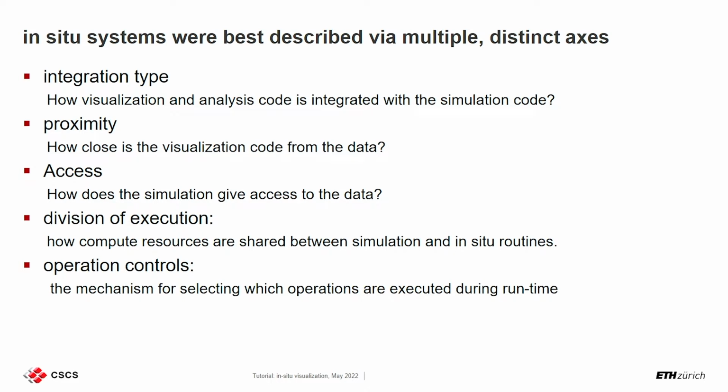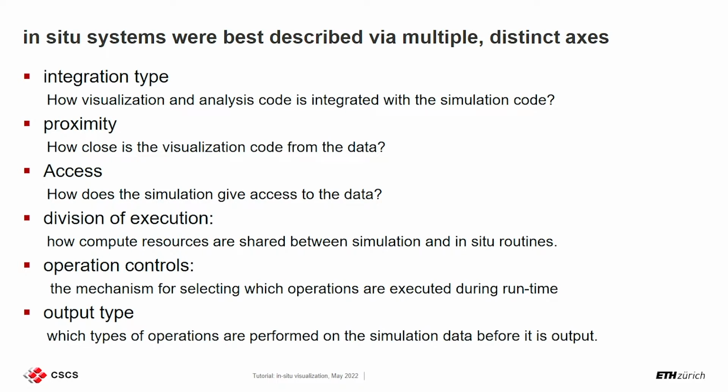Then operations controls, where we have to think about what we actually want from our visualization extractions, and do we want to enable a human interaction with the simulation. And then there's also the output type, which can be of different forms.